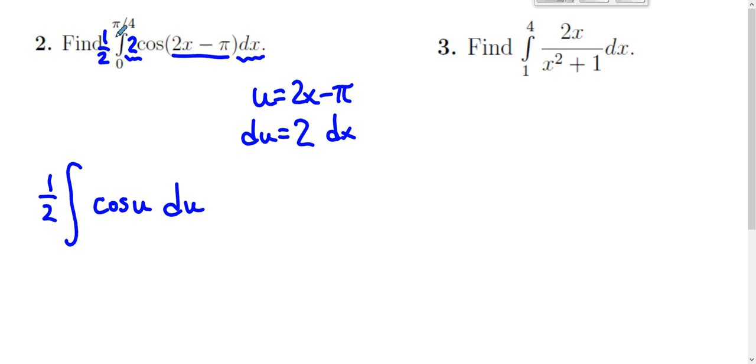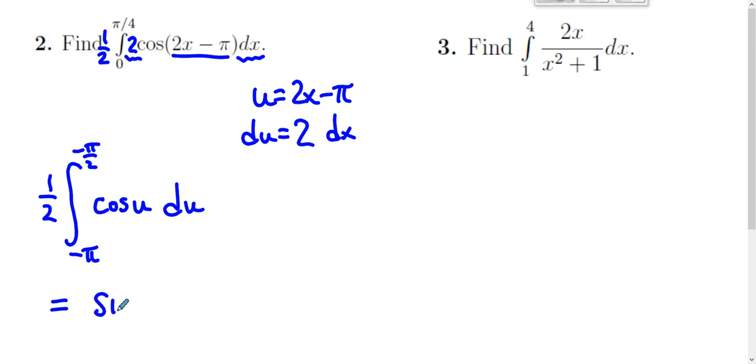And then we check out what happens to these when x is 0. What's u? When x is pi over 4, what's u? And now we recognize this integral has the same answer that this one does. So we do this one because it's easier.